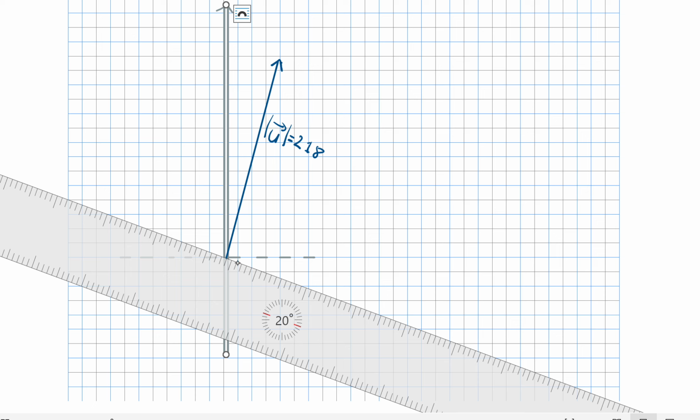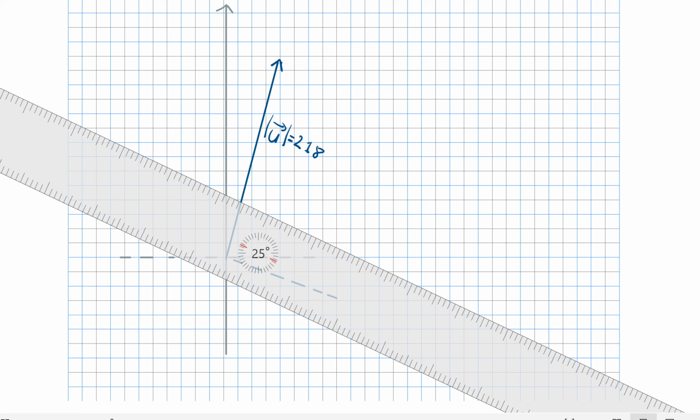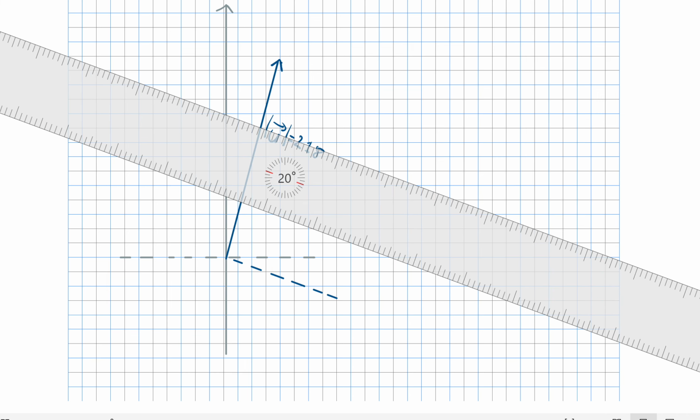So my vector U technically will be down there, right? But I'm going to just take that and it will go that direction toward the right. I'm going to take it and I'm going to use this and move it up here.